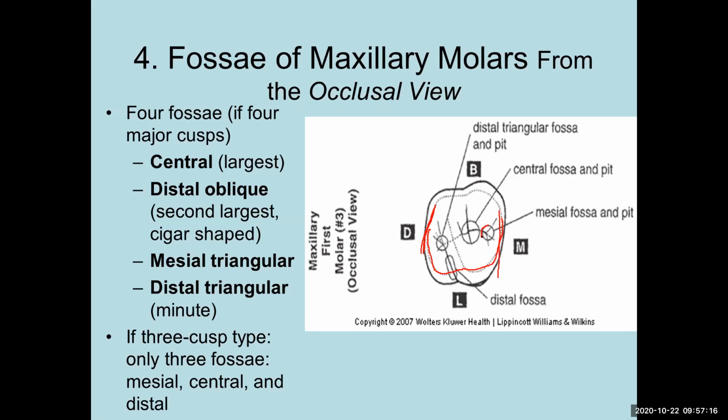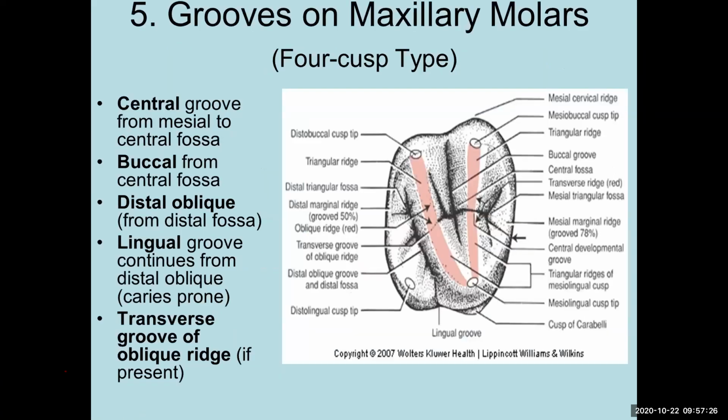But look, it's got 3 distinct pits from the fossa. Central groove from the mesial to the central fossa. You've got a buccal groove, a distal oblique, okay, and a transverse groove.